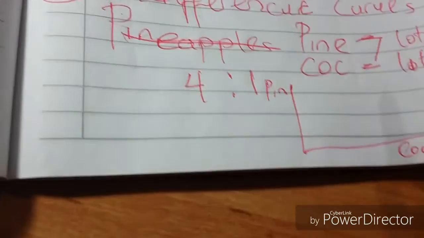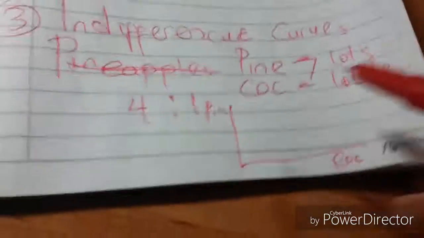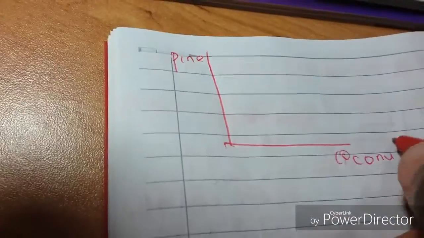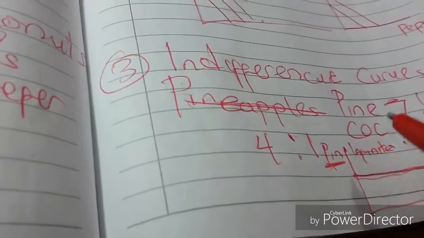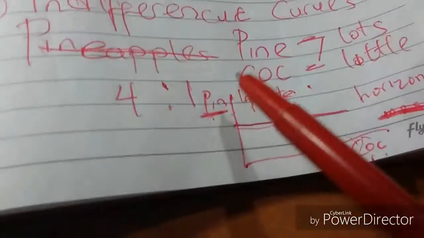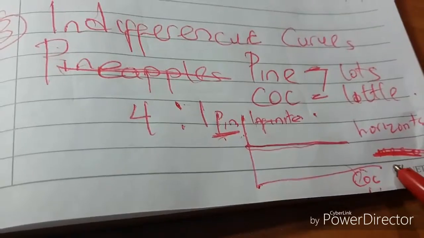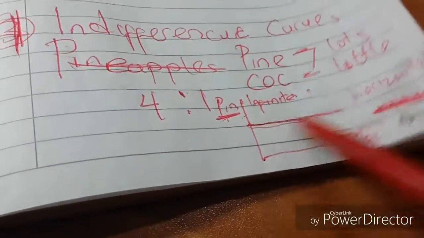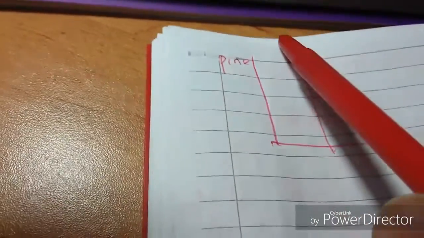When you strongly prefer pineapples, the indifference curve will be straight like this. When you prefer pineapples totally and you don't like coconuts, it will be horizontal. When you prefer coconuts only, and you don't like pineapples, it will be vertical.